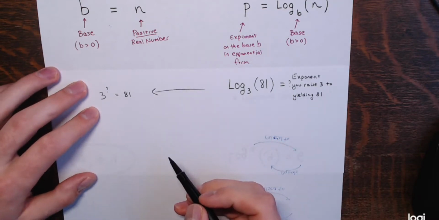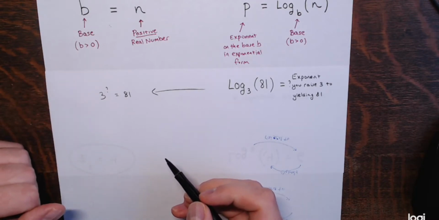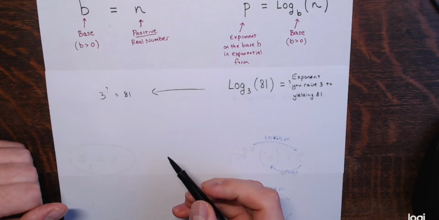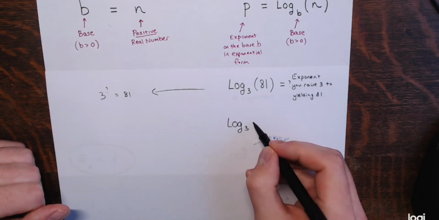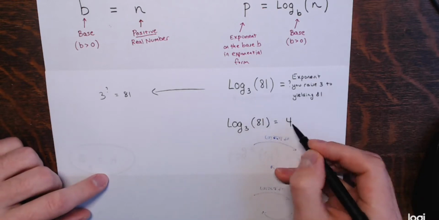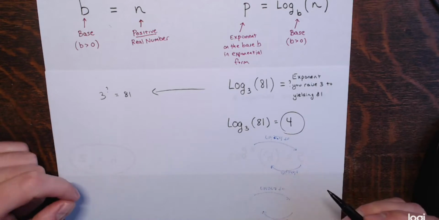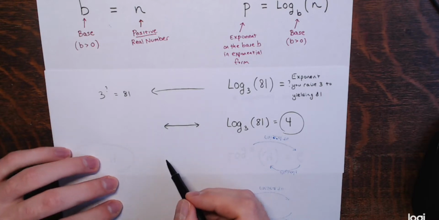Right? Well, I'm hoping you know some of your powers, right? 3 to the 4th power, 3 times 3 times 3 times 3, that's 81. So the log base 3 of 81 is equal to 4. And this is what they want, right? What's the value of that logarithm? And again, you go back and just change to exponential form and see if it makes sense.